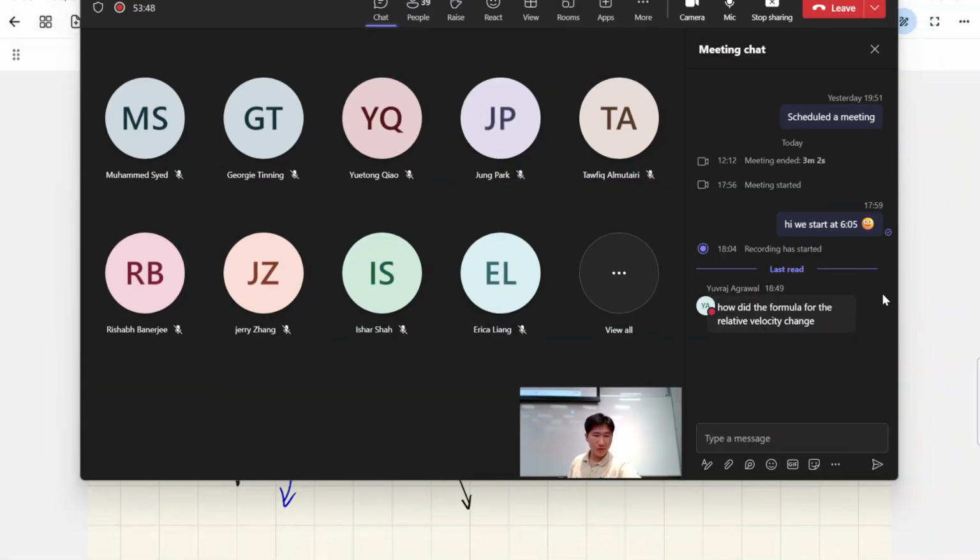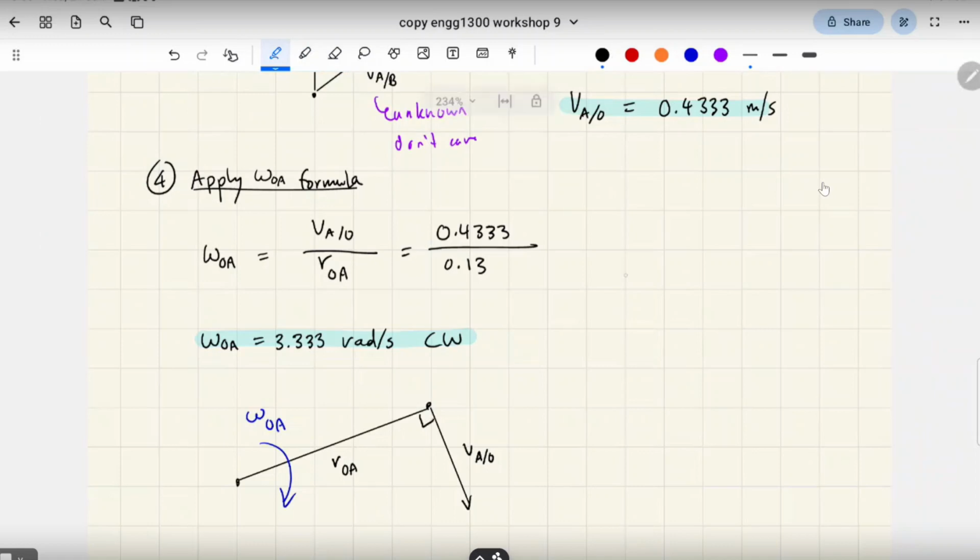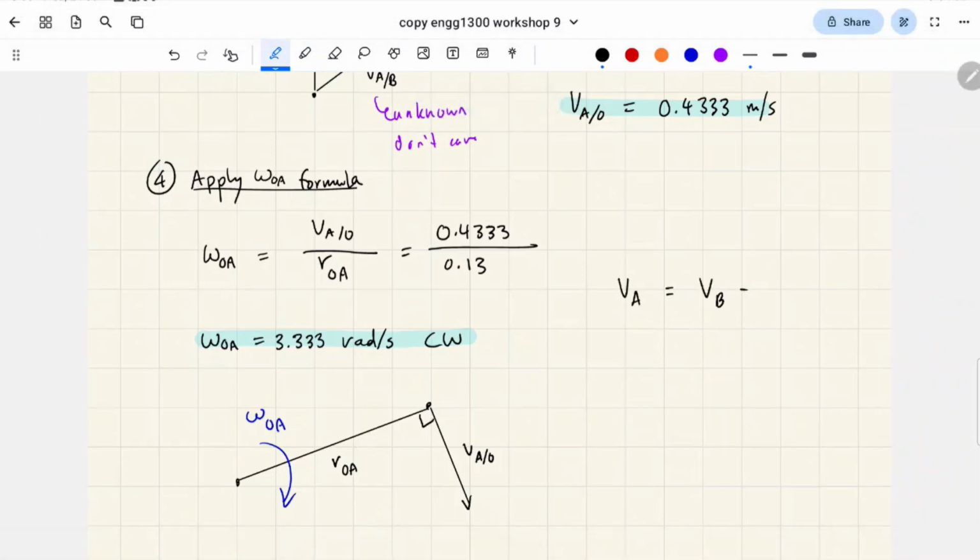How did the formula for relative velocity change? So I always do it the same way. I'll show you how to. So if it's like VA and VB, you write the one on the left slash the one on the right, pretty much, right?